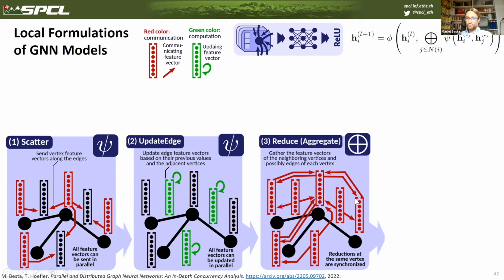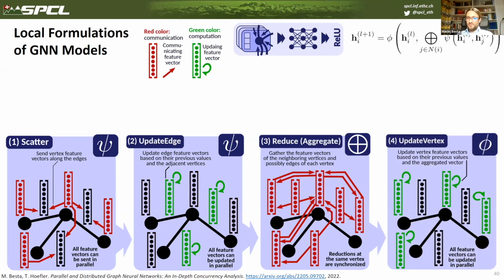So we only need to reduce two feature vectors in this phase for this one vertex. But then for the central vertex, we need to conduct a reduction over many different vectors belonging to the adjacent neighbors and belonging to the adjacent edges.